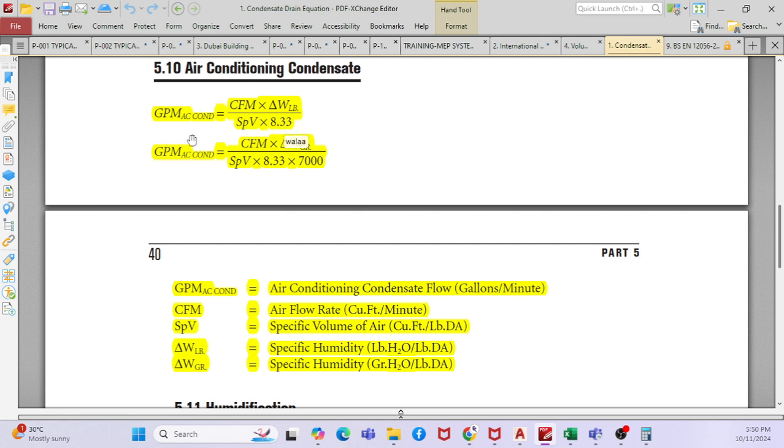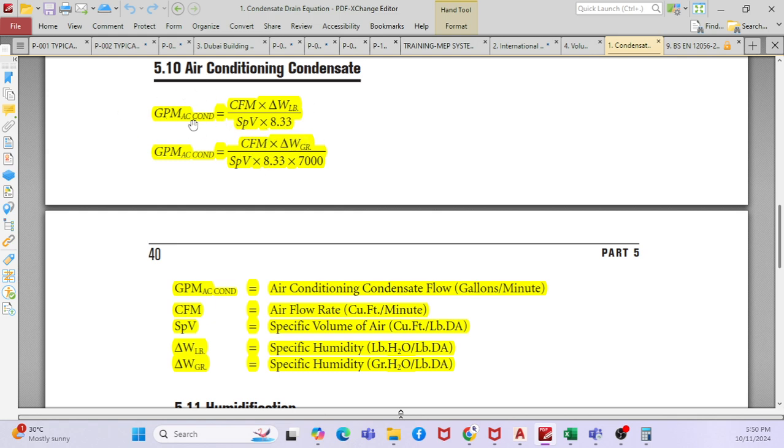So this formula came from the air conditioning principle. This is the GPM of the condensate drain, and this is the CFM, the airflow rate of the air conditioning equipment, multiplied by delta W, which is the humidity ratio, divided by specific volume multiplied by 8.33. So this is the equation, right?